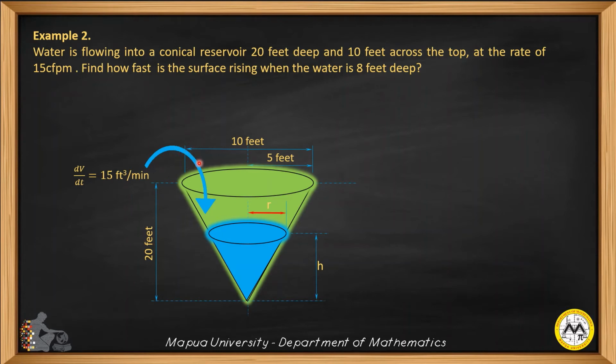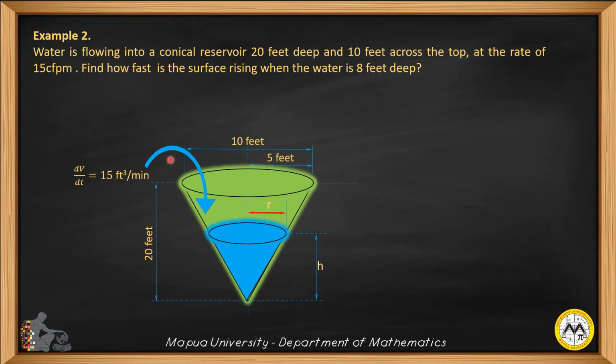As we pour water into this tank, the volume of water contained in the tank would be changing with respect to time. And as the volume of water in the tank increases, the depth of the water would be changing over time, as well as the radius of this circular surface here.